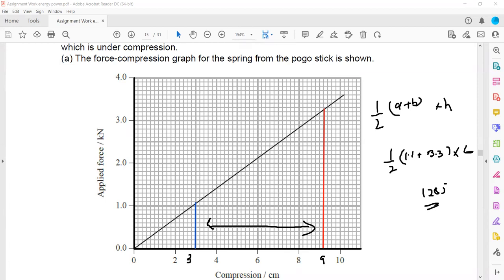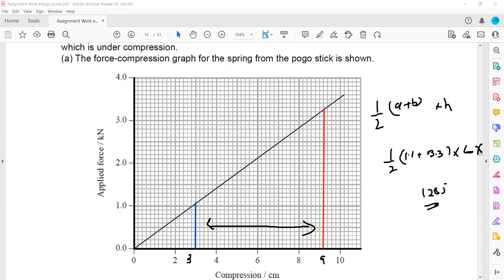Or the second way, you find the area of the total, from 0 to 9, then the area from 0 to 3. In that case, it will be half base into height. But remember one thing, this height from 3 to 9, that is 6 centimeters.